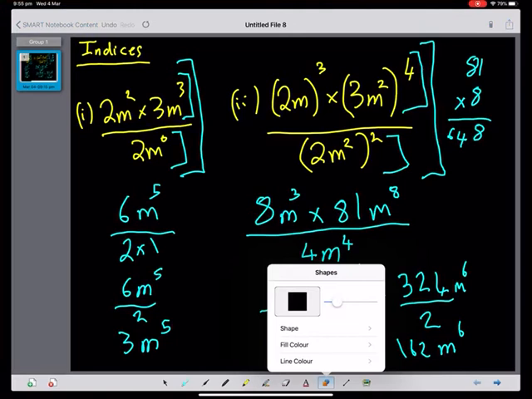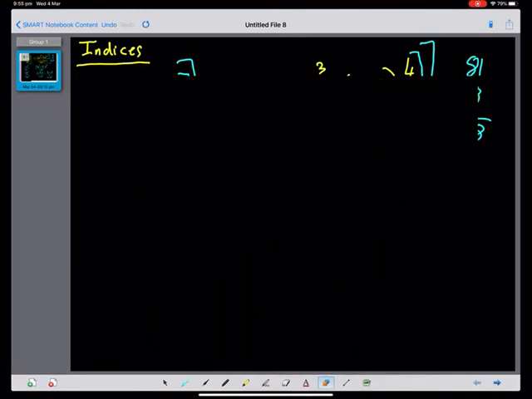Let's look at another difficult one, and then we will finish.